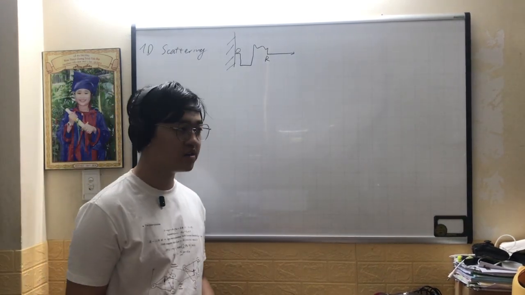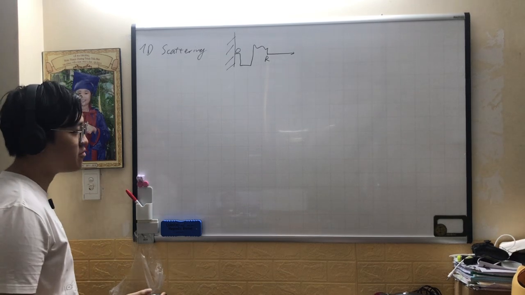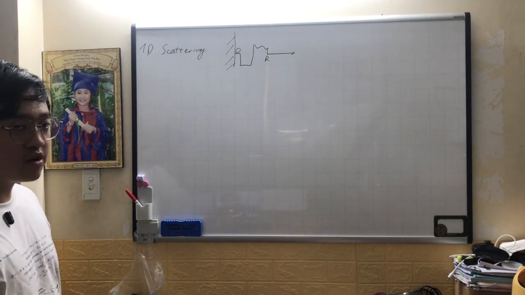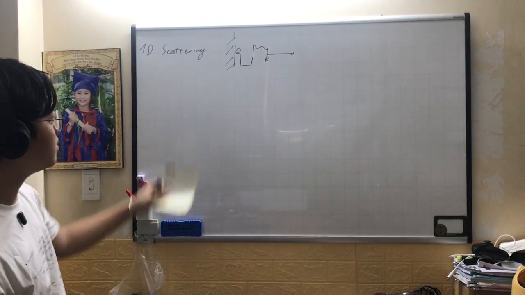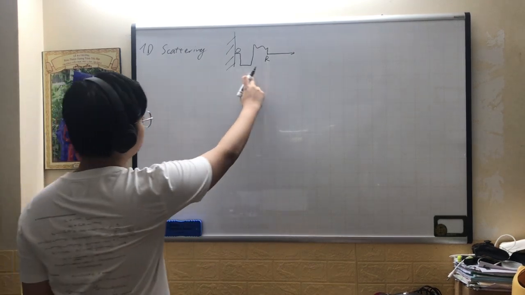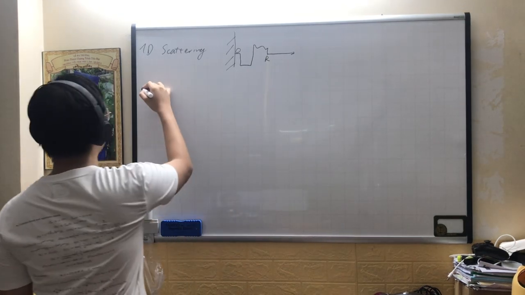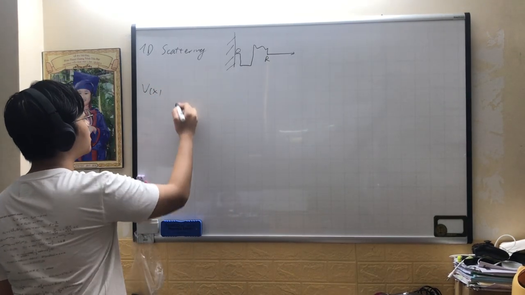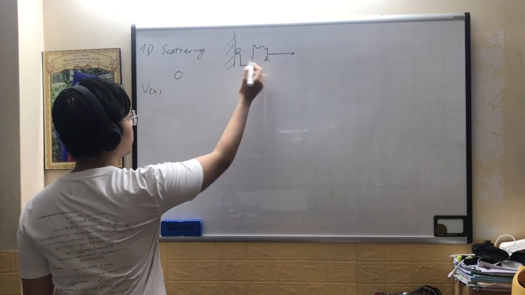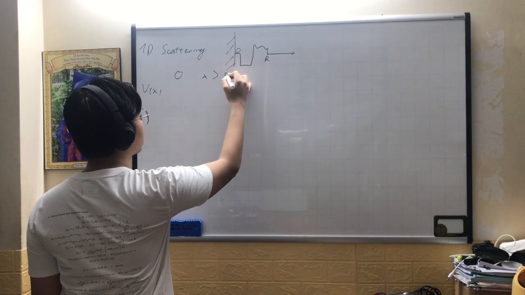Today we're going to be talking about the 1D scattering problems. So in this system, our potential would look something like this, meaning that our V of x is 0 when x is greater than r.